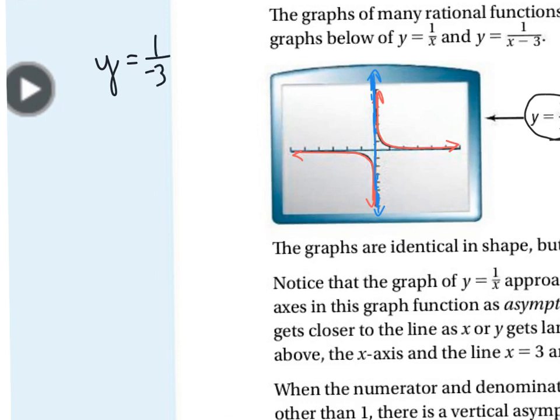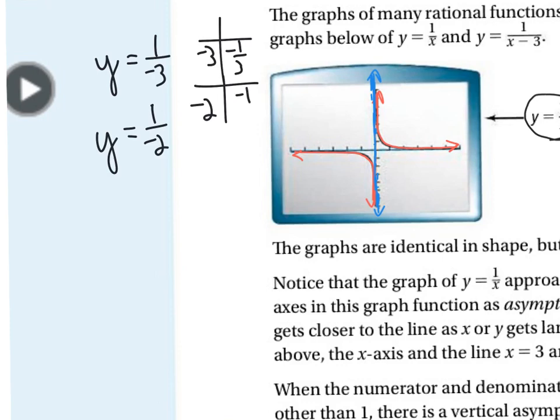If x is -3, that would be -1/3. So that's -3, -1/3. If x is -2, that would be -1/2. If x is -1, that would be -1.